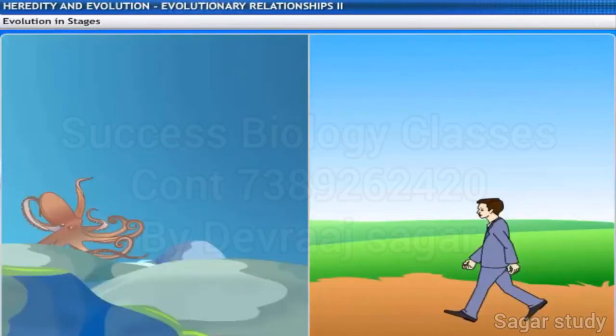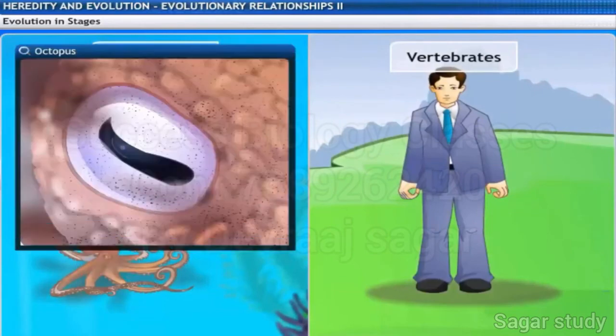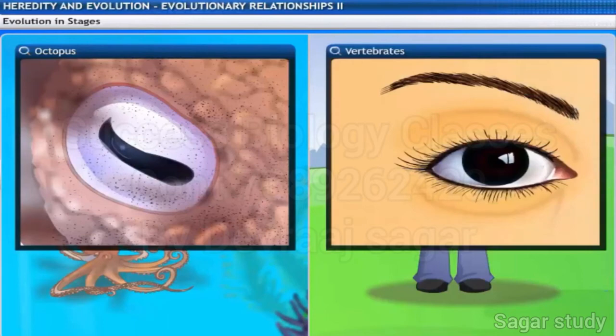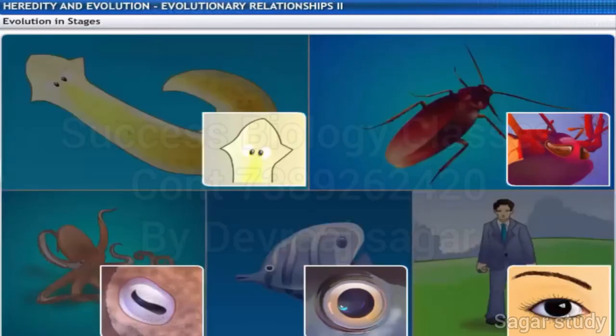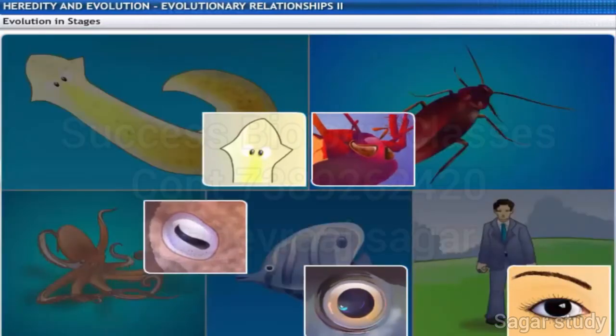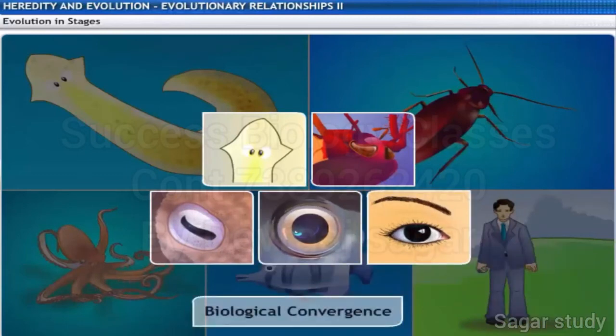All of these changes are in response to adaptation to the environment. For example, the eyes of the octopus and the eyes of vertebrates have evolved entirely independently. These similarities of structure, despite different origins, provide a classic example of biological convergence.